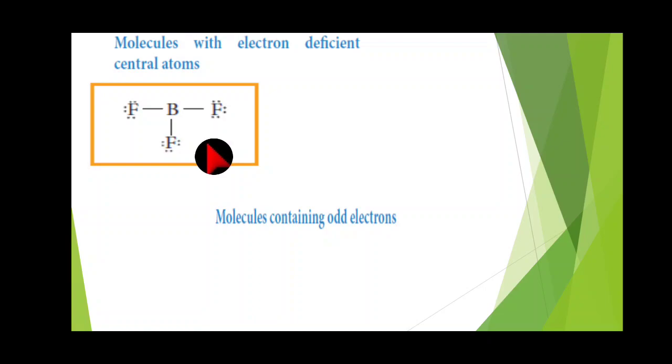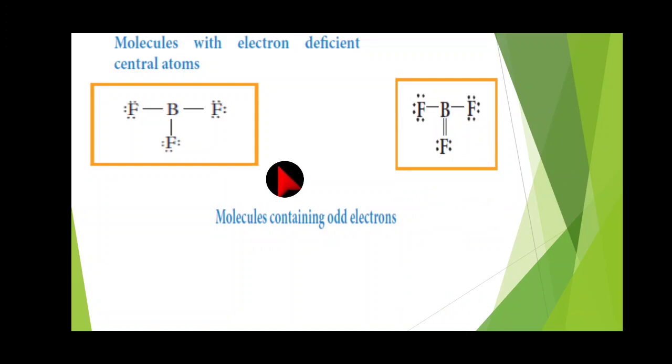So moving a lone pair from one of the fluorines to form an additional bond, as shown here, we can make the structure like this for getting octet satisfaction.